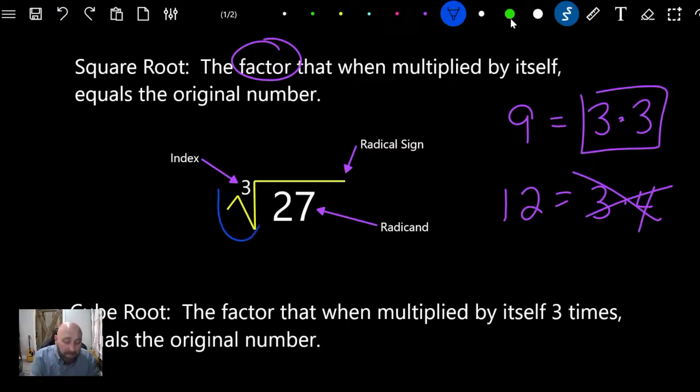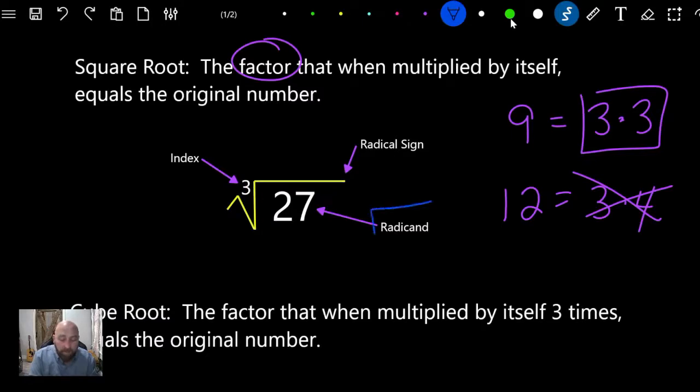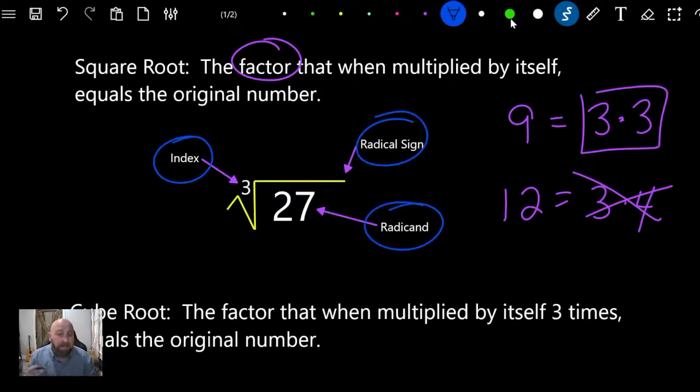This sign right here, it kind of looks like a division sign, right? And then it's got this weird thing out front. But this sign right here is called the radical sign. Okay, so that's a radical. And then this number underneath is called the radicand. In this case, our radicand is 27. And then our index is 3, and then we have the radical sign. Make sure that you know these key words right here, because you're going to hear me say those quite a bit.